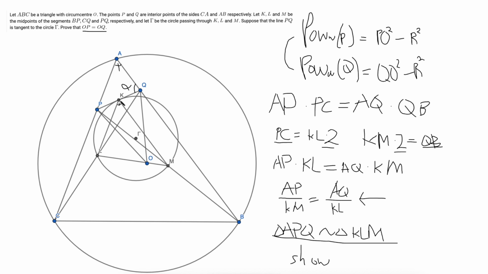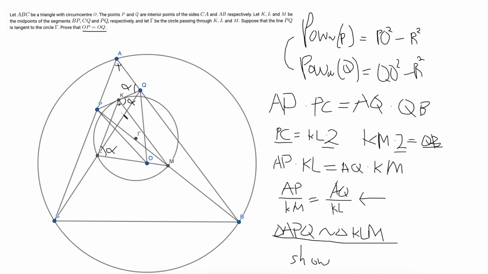We just established that KM is parallel to AB. So that means that angle AQP must be congruent to angle QKM. And from here we can conclude that KLM must be equal to alpha.